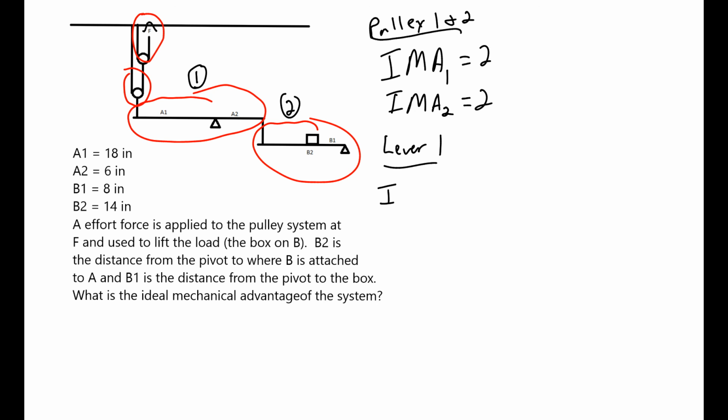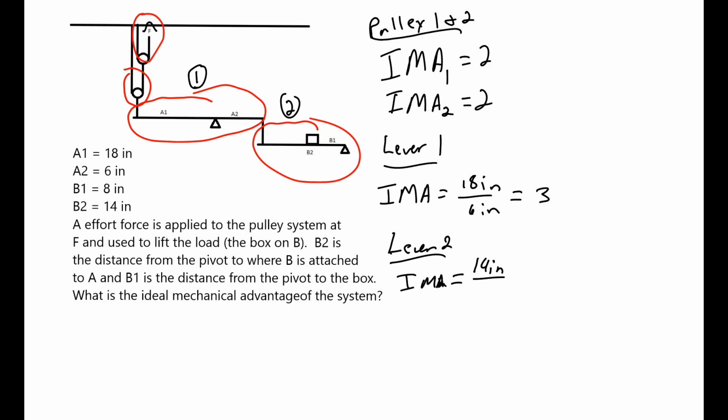Alright, what's the IMA of lever 1 going to be? What's our effort distance? 18. What's our resistance distance? So our IMA is going to equal 3. Lever 2. What's our effort distance in lever 2? 14.